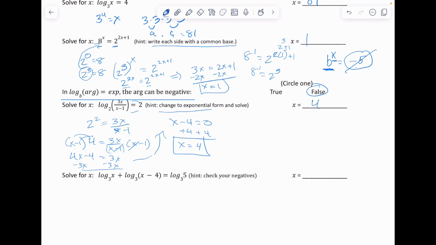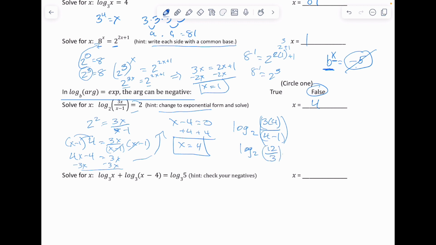X equals 4. We can plug it in. We should plug it in. So going into log base 2 of 3 times 4 over 4 minus 1, that gives me log base 2 of 12 over 3, which is also 4.